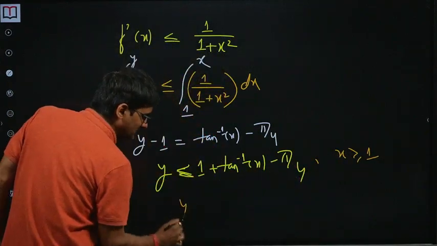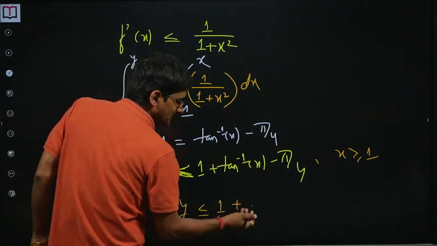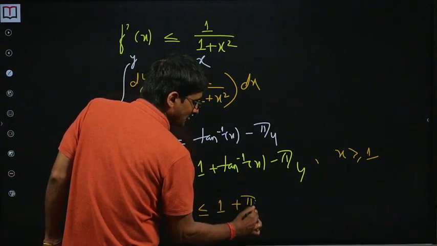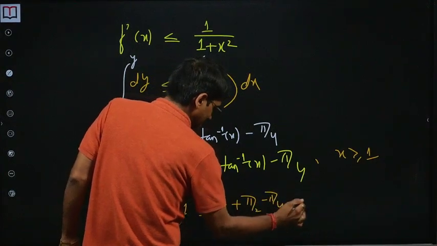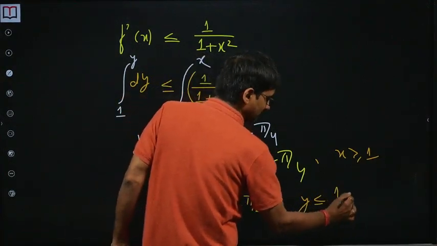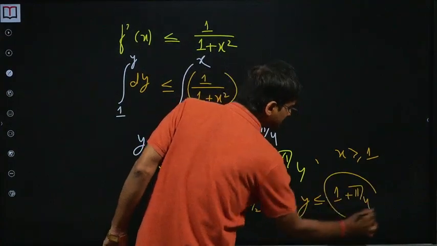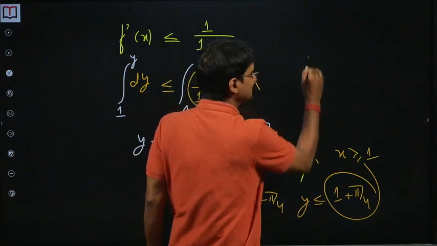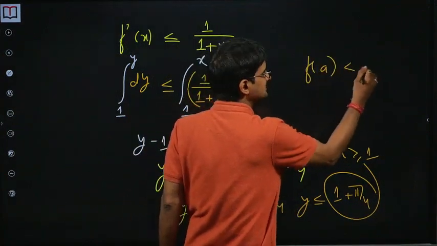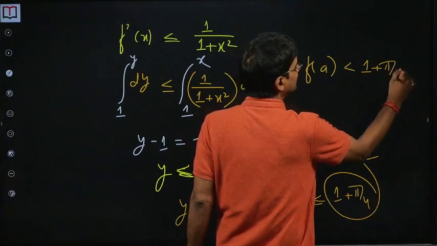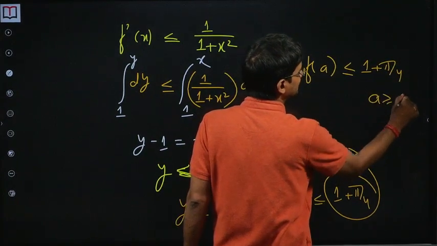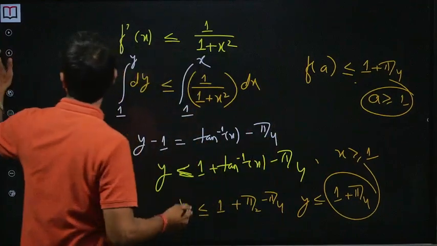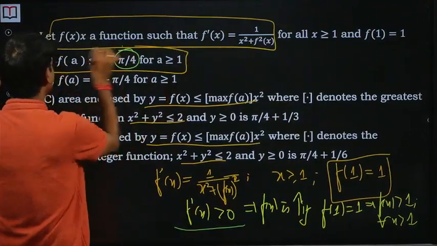So as x approaches infinity, this is less than 1 plus pi by 2 minus pi by 4, so y is less than or equal to 1 plus pi by 4. That's the maximum possible value, and that too when x goes to infinity. So that means f of a is less than 1 plus pi by 4 for a greater than or equal to 1. So that's what I said. So this one is correct.